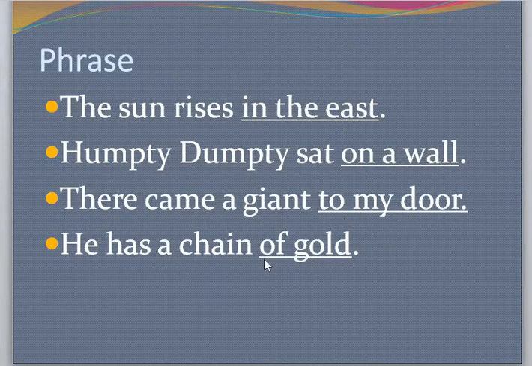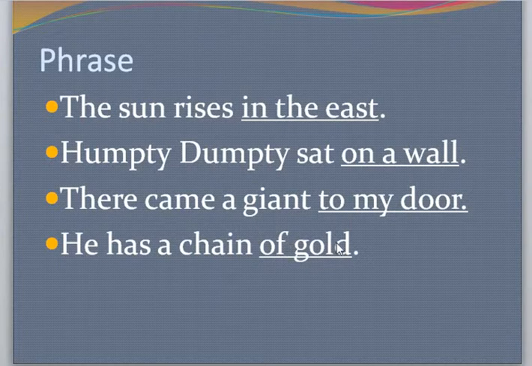He has a chain of gold. Of gold is a phrase in this sentence. So phrases are parts of sentences or clauses which give us extra meaning in the sentences. For example, here you can see: he has a chain. Although it's a complete sentence, of gold is extra information which has been added in this sentence.